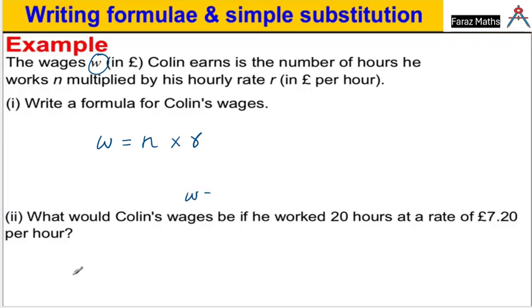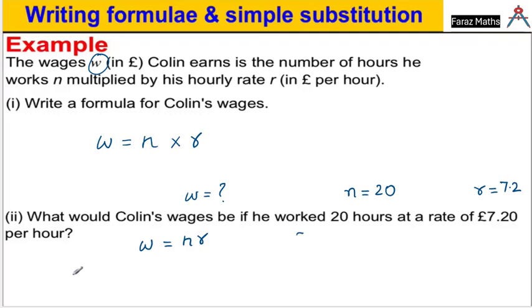The next part asks what would be Colin's wages, which means W, if he worked 20 hours, so N is equal to 20, at a rate of 7.2 pounds per hour. We have to write the formula first: W is equal to NR.